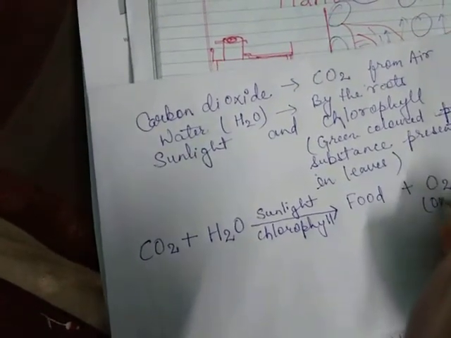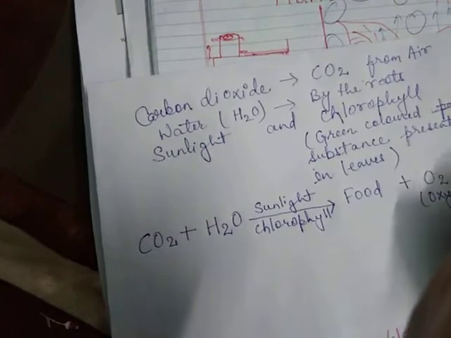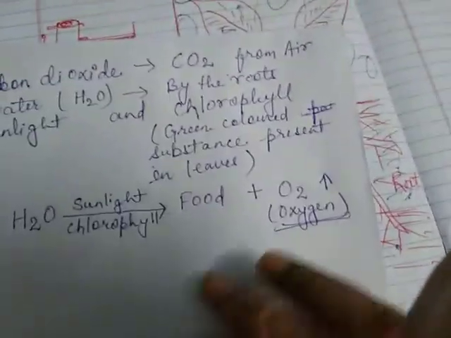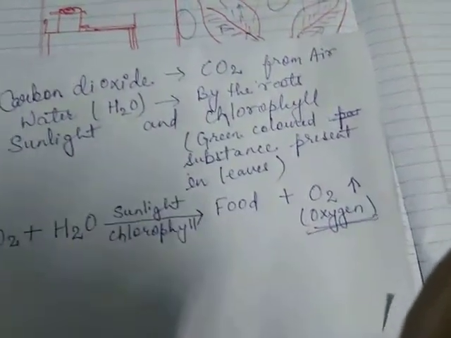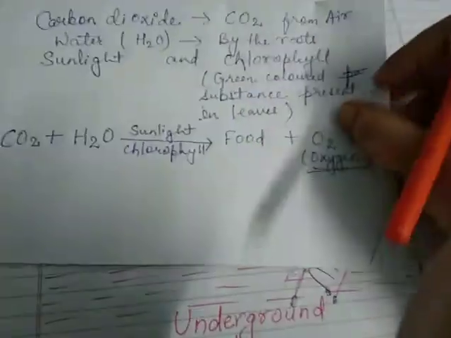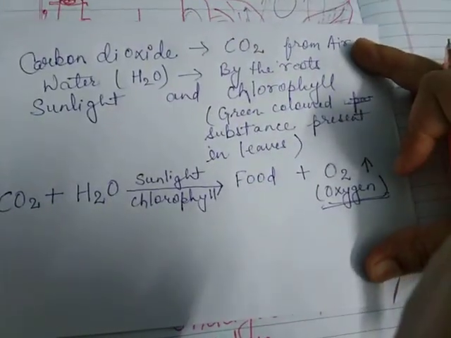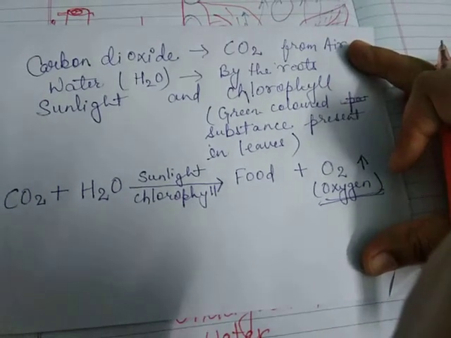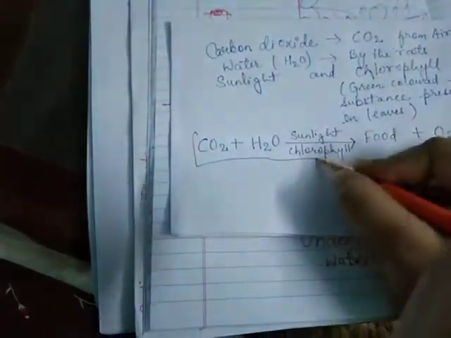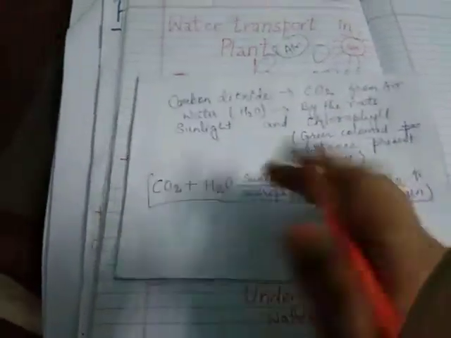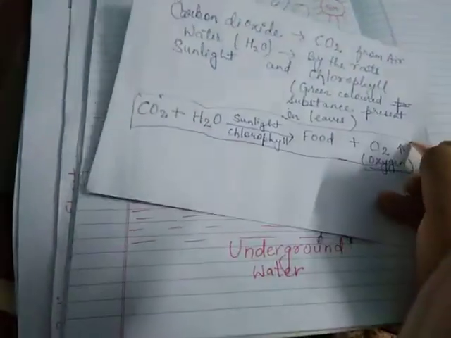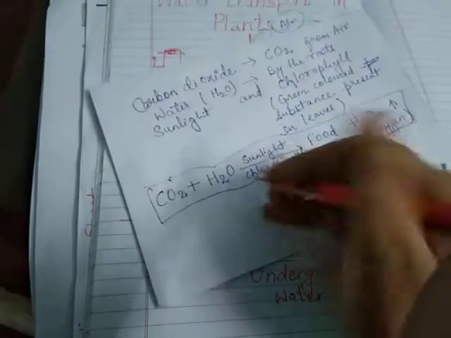O2 is oxygen, and this oxygen is the gas which we inhale while breathing. This is the whole process of photosynthesis.